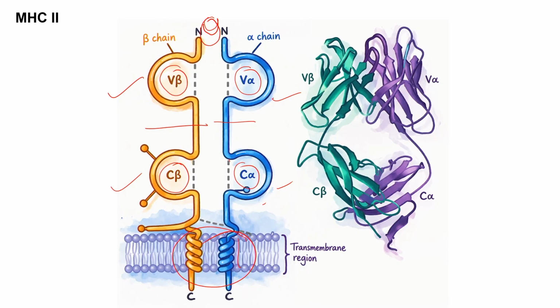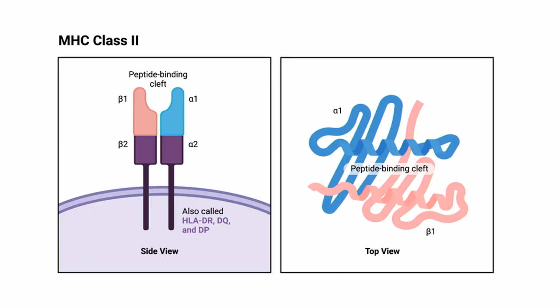So let's try to see the same thing in a different diagram. This is the same molecule, MHC2. This is a beta chain and this is alpha. We called it variable alpha and variable beta, but we can also call it alpha 1, alpha 2, beta 1, beta 2. So alpha 1 and beta 1 is the site where the antigen can bind.